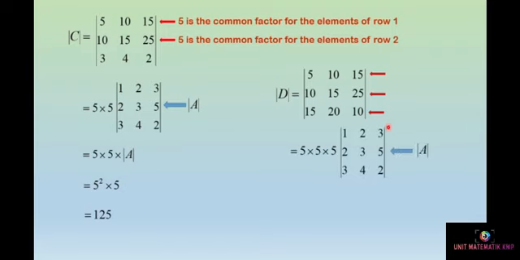So take out 5 from the first, second and third row. Then we have the elements in the determinant similar to determinant A. The answer should be 5 times 5 times 5 times determinant A, or we can write 5 cubed times 5. So the answer for determinant D is 625.